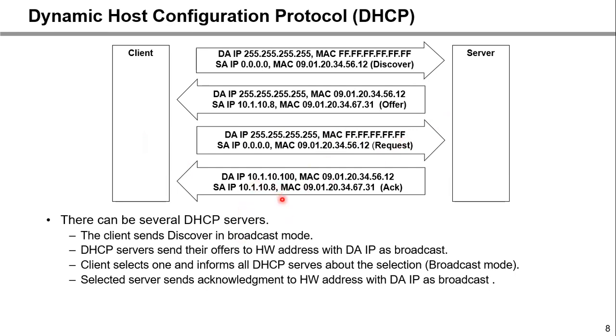If you have noticed, all the addresses are mentioned in the last message here: the destination MAC address, IP address, MAC address, source IP address, and so on. So this is how IP address assignment is done using DHCP. If you have any questions, we can discuss or we can stop.